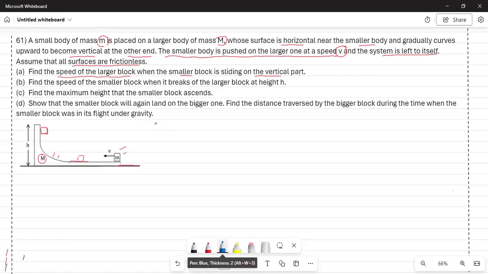Let us attack part A first, where this is the larger block and the smaller block is somewhere here.